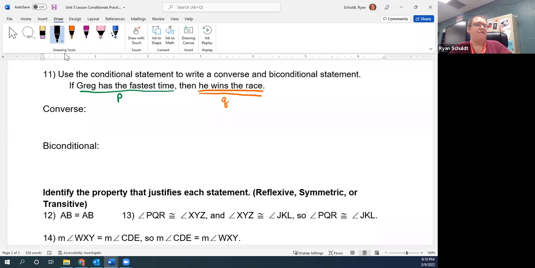So remember, converse is if Q, then P. So if Greg wins the race, then he has the fastest time.